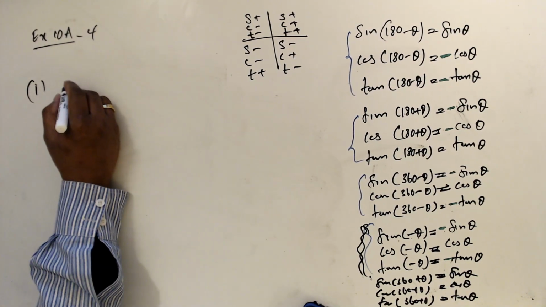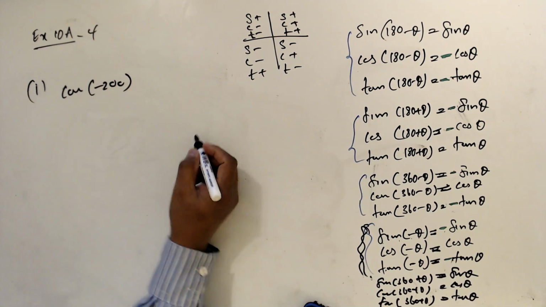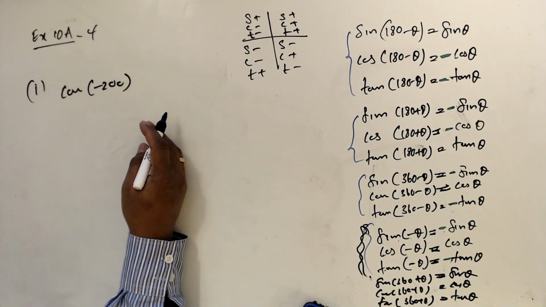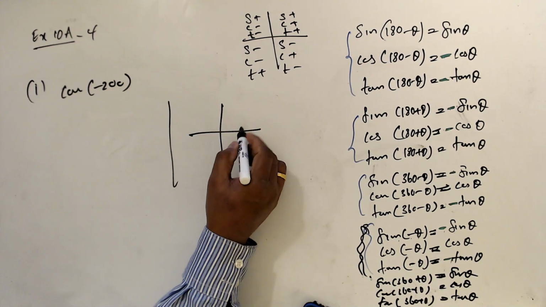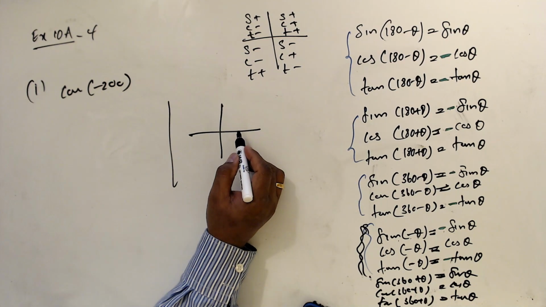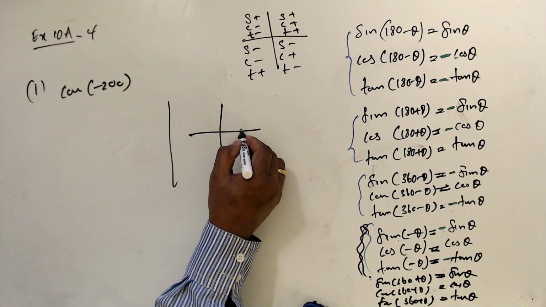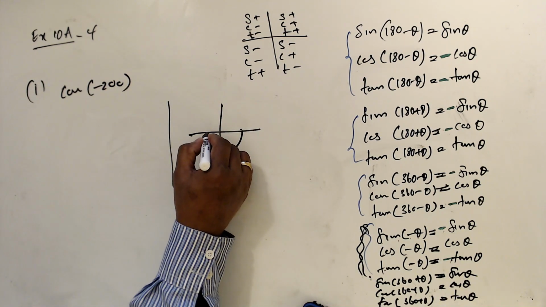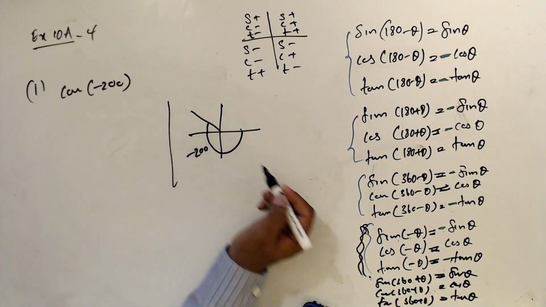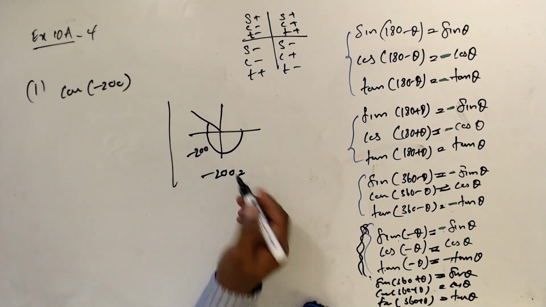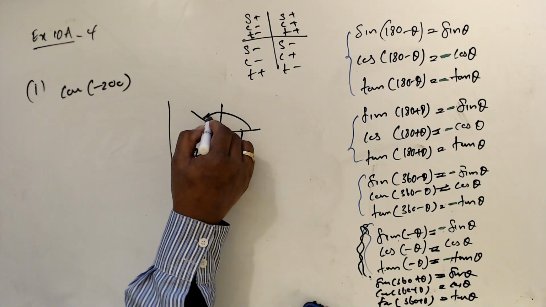Now that is cos minus 200. So we'll express 200 positively. Minus 200 means we have to measure this way, 180 and another 20. So this is minus 200. So minus 200, when I tell it positively, is this angle.